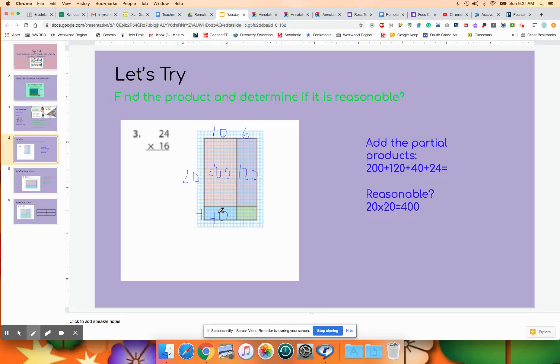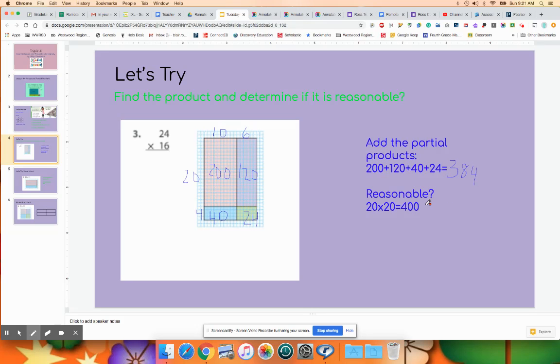And if you multiply 4 times 6, you get 24. So these are your partial products, the 200, 120, 40, and 24. And if you add those all together, you're going to get 384. And don't think I did that mentally. I have my scrap paper on the side.